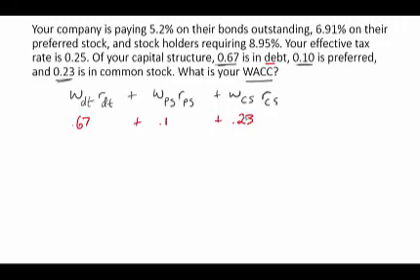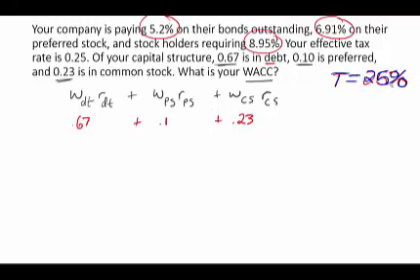Okay. Now, the next thing we're going to do is look up here. We have these rates here at 6.91, this rate at 8.95, and this rate at 5.2. Now, we're looking at effective tax rate 0.25, so T is going to be equal to 25%.